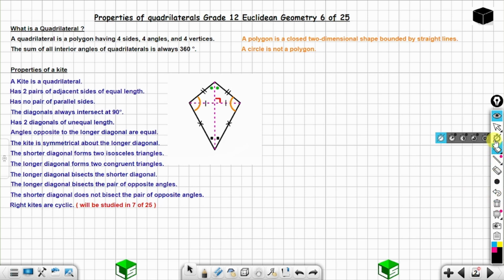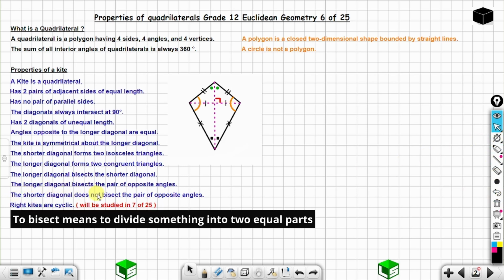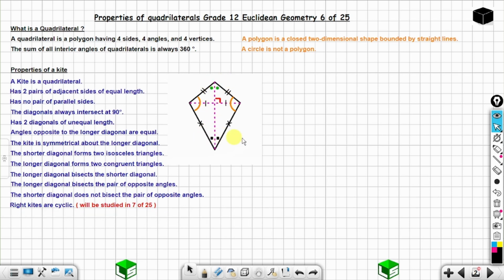Let's carry on. The longer diagonal bisects the pair of opposite angles. This longer diagonal bisects this angle and this angle. It means this angle is divided into two equal angles, and this angle is divided into two equal angles.